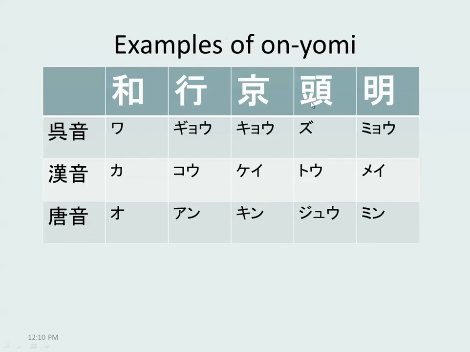This one, atama, can be read zu or to or ju. For example, manju, a kind of bun, a kind of food. This character can be read myo or me or min.